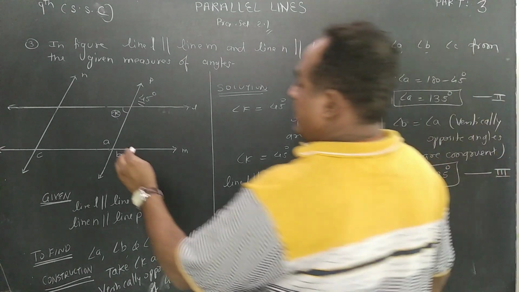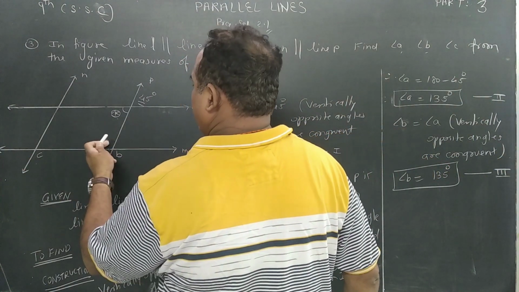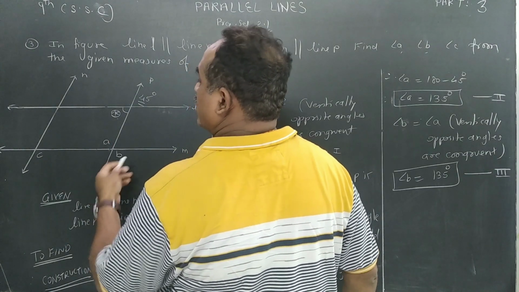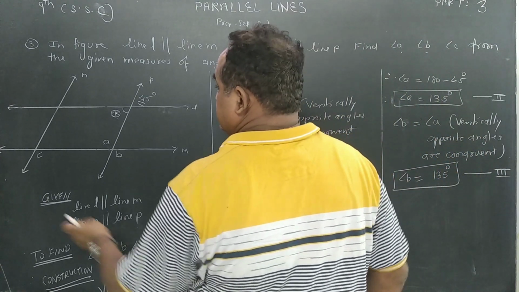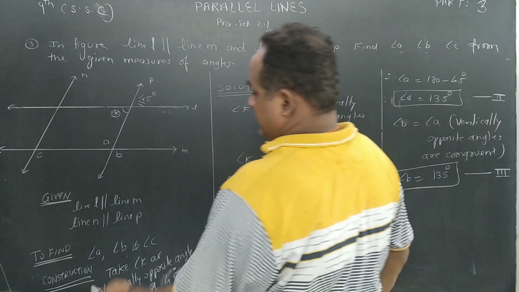Now what is the relation between A and C? We can take the alternate angles, or you can take B and C, corresponding angles. Anything you can take, okay? But are these two parallel lines there? Yes, definitely, that is also given.